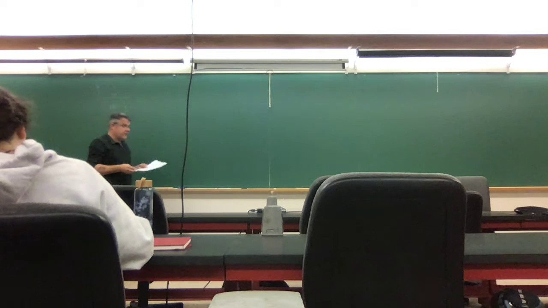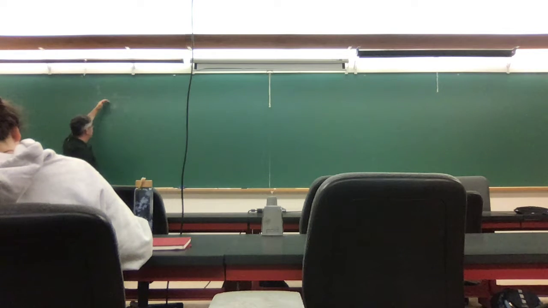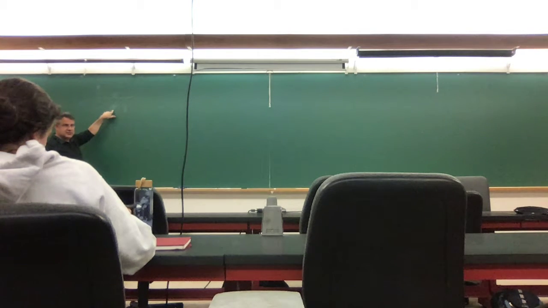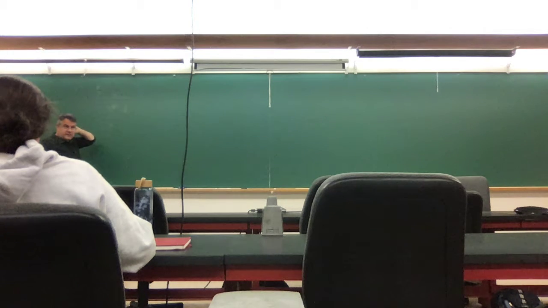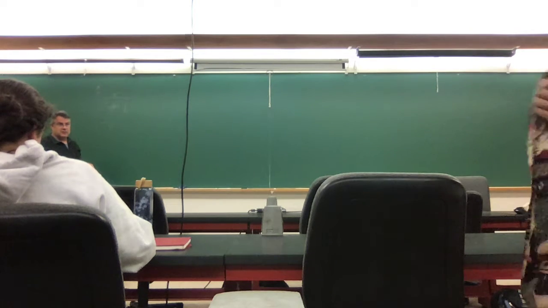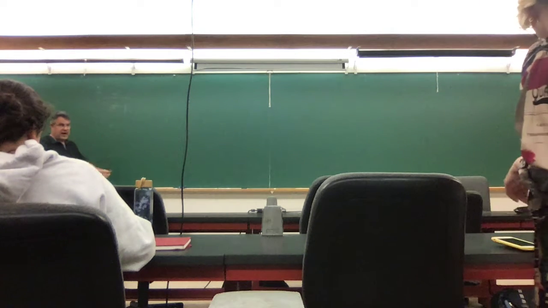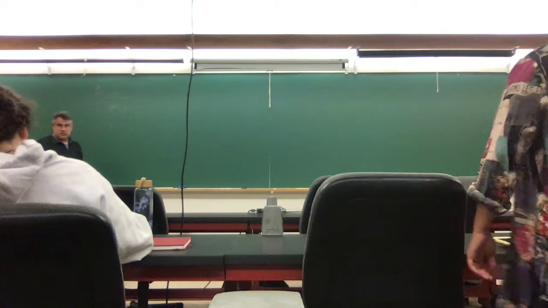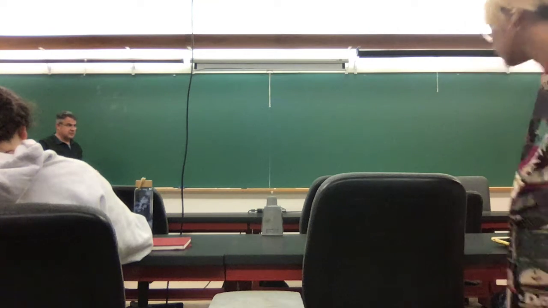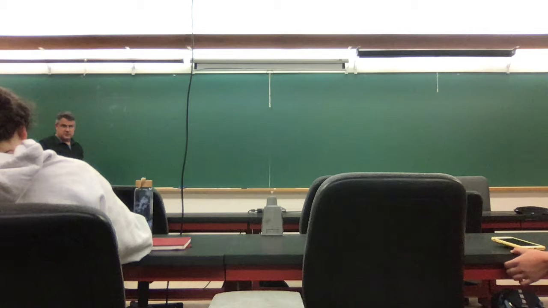So if the pressure accumulates based on the weight of what's on top of you, how can we write a differential equation that has something to do with that? What do I mean by saying the pressure accumulates? The rate of pressure change with what? Yeah.